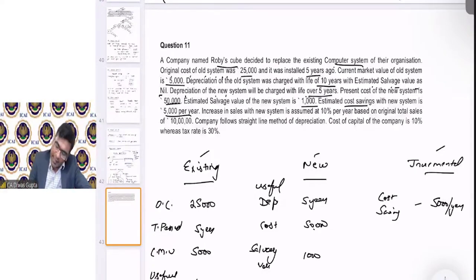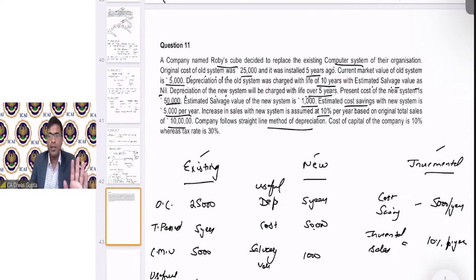Increase in sales with the new system is assumed at 10% per year based on the original total sales of 10 lakh. So the incremental sales is actually 10% per year. Company follows straight line method of depreciation. This is just FYI. We have also been taking straight line only.